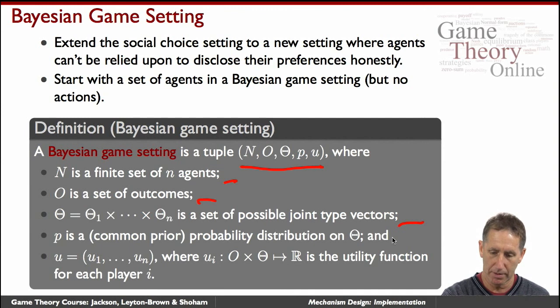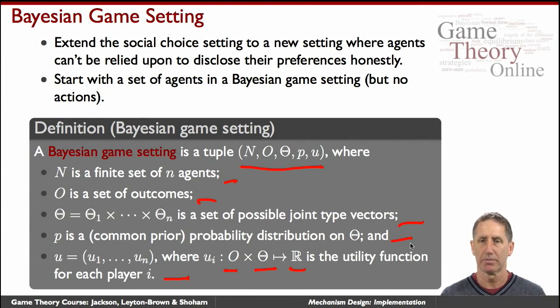We have, as we usually do, a common prior probability distribution over those types that's commonly known by the agents. And we have a utility function that says, given an outcome and given the types of the agents, what is the utility to each of the players?